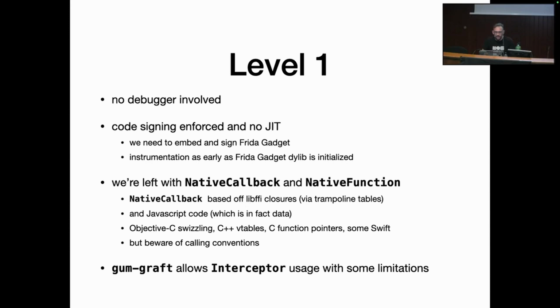And so, if we take Interceptor out of the picture, we are left with function pointers, basically. But that's still a lot, because you can still do a lot of stuff with NativeCallback and NativeFunction, because NativeCallback still works with code signing enforcement, because Frida uses libffi closures under the hood, and that's code which is already signed, which is mapped multiple times in memory along with data pages, so that you can configure it at runtime, but the code doesn't change.